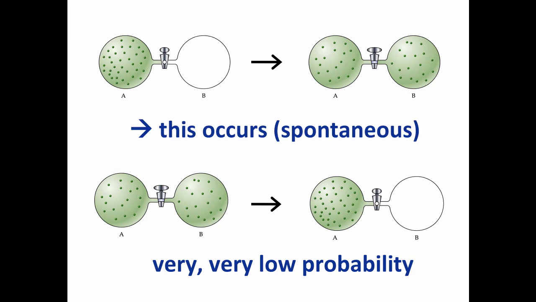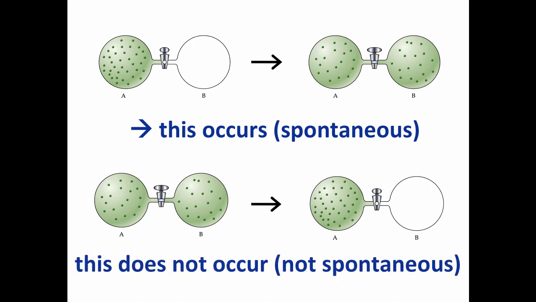So the spontaneous thing, the thing that occurs without a continuous driving force, is in this case for the molecules to distribute themselves relatively evenly, because that's the very probable thing that will occur. And the thing that's not spontaneous is the process or reaction or end result that corresponds to a very, very low probability.